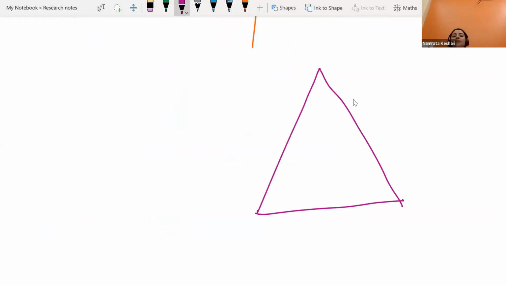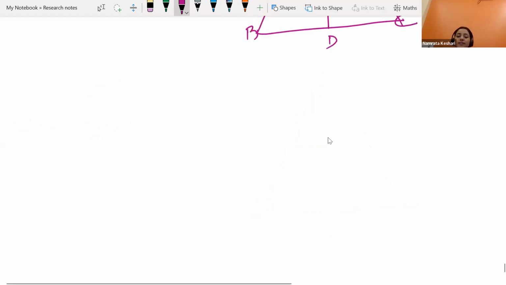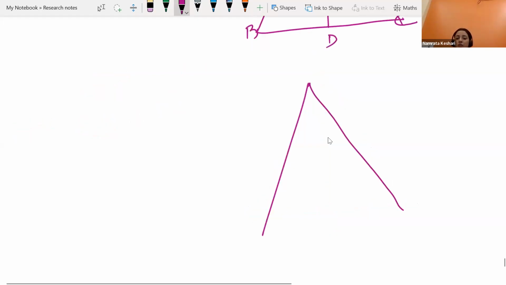So I'm telling that whatever formula we are using, our area will be the same. So if we have to find the area of this triangle ABC, you can use 1 by 2 into base into height. This is the height and this is the base. This formula you can use.